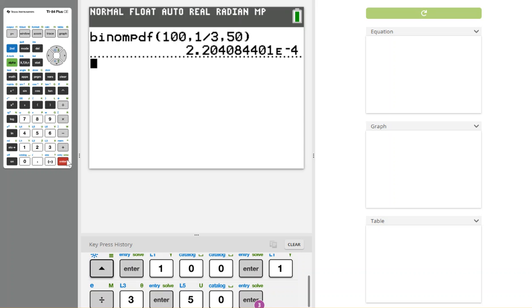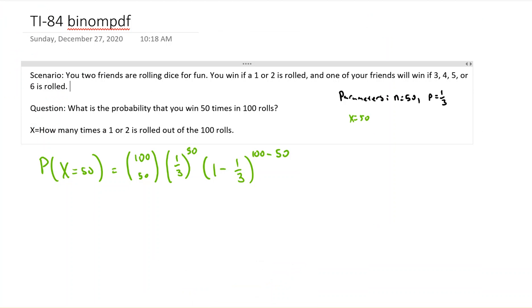Now, how can you write this on your form to get credit if you were on the AP exam is key to getting your points. You need to make sure you specify what 100, 1/3, and 50 are on your sheet. So what you would want to write here is binomial PDF, so you're emphasizing what the function is.